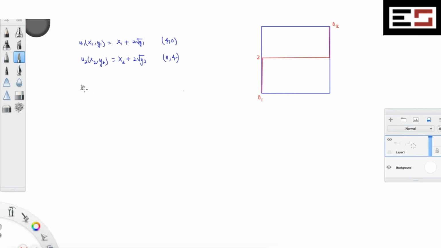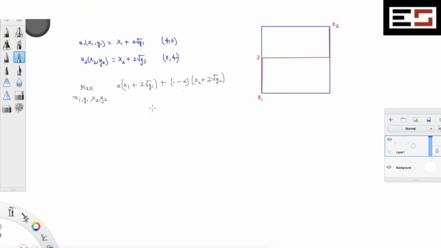So let's write this problem: maximize with respect to x1, y1, x2, y2, alpha times (x1 plus 2 root y1) plus (1 minus alpha) times (x2 plus 2 root y2).